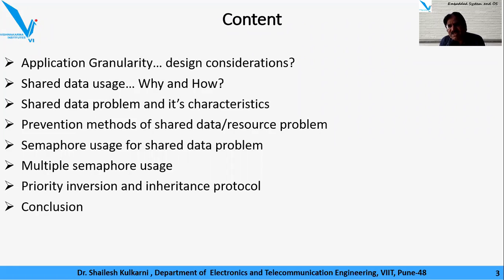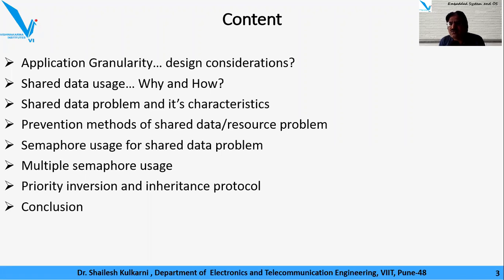The baseline agenda is that whenever you are designing the architecture for the software of a real-time system, you are bounded with n number of tasks to be used in your application. We are bounded with sharing the resources and data among these tasks.